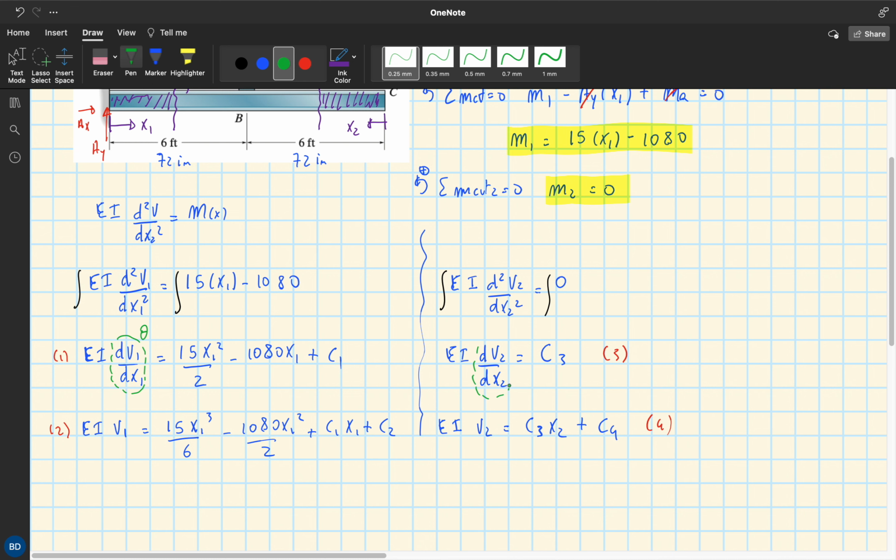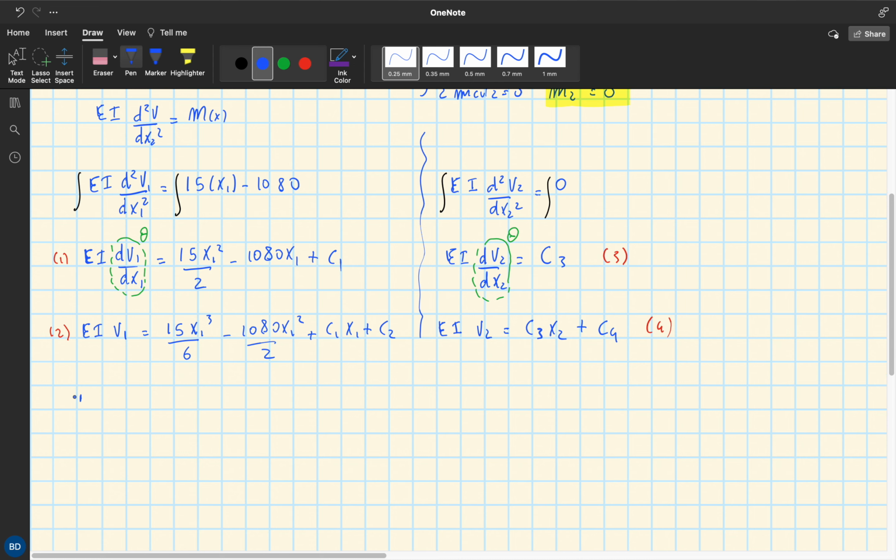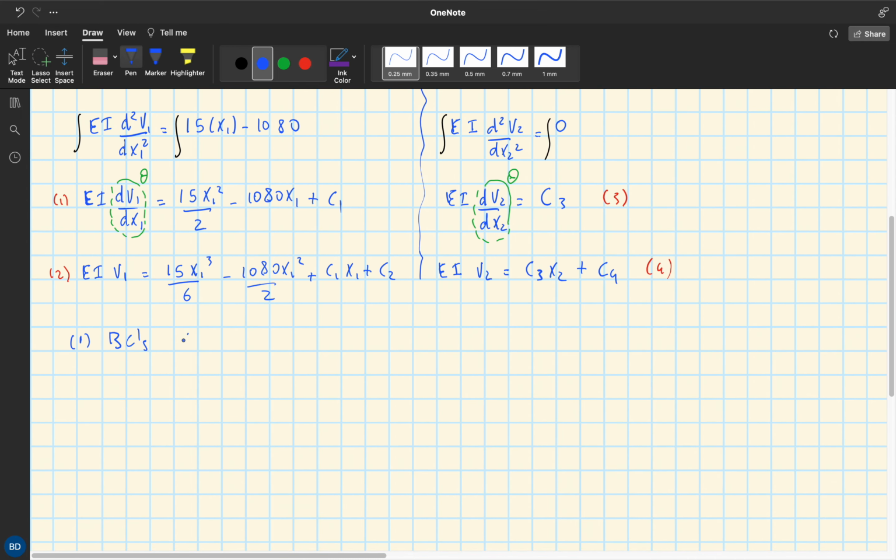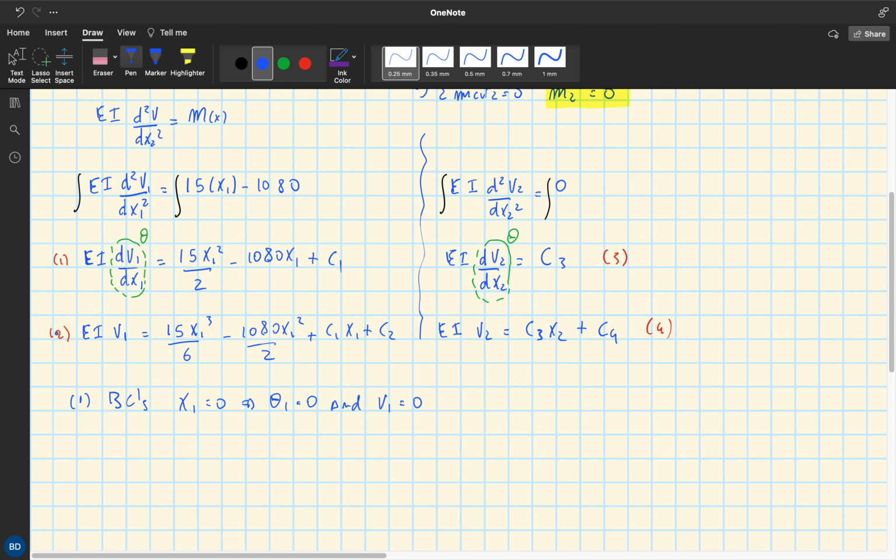So our first boundary conditions: at x1 equal to 0, at the very beginning, our rotation theta 1 is equal to 0, and our displacement v1 is also equal to 0. So we can use equations 1 and 2 to find c1 and c2.